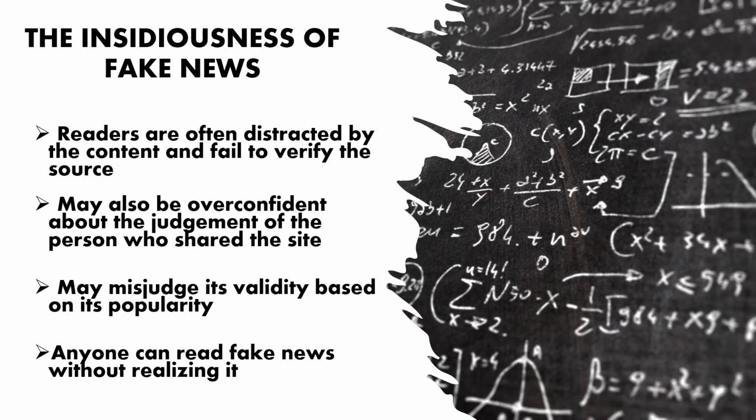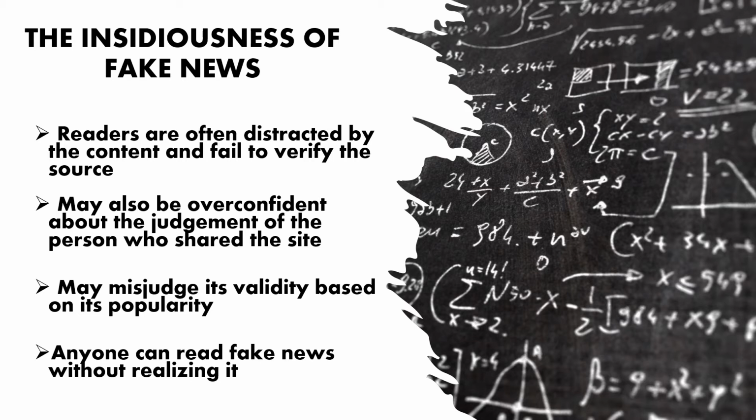The inundation of information, that is, information overload, is a key component in the ability of fake news to reach audiences and spread. Particularly in the case of social media, where individuals scroll through and quickly read over information without diving deeply into it. Readers are often distracted by the content or topic of the story and fail to verify the source or recognize red flags indicating fake news.